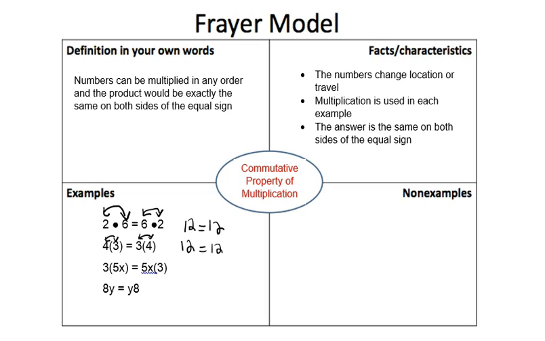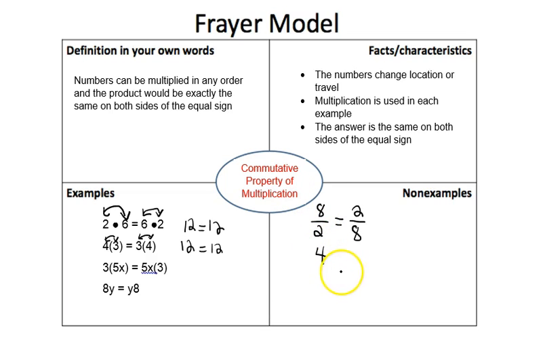So let's talk about some non-examples. One example would be 8 divided by 2 equals 2 divided by 8. Does this problem have multiplication in it? No. So that's one reason it doesn't represent this property. But the reason that this property doesn't work with division is, what is 8 divided by 2?